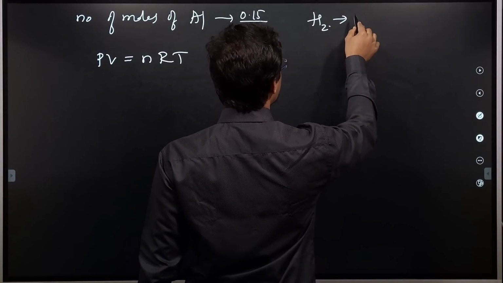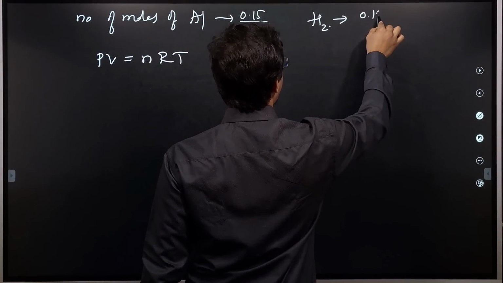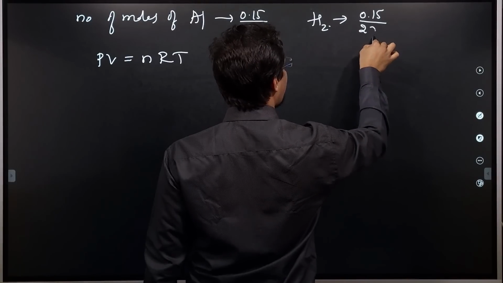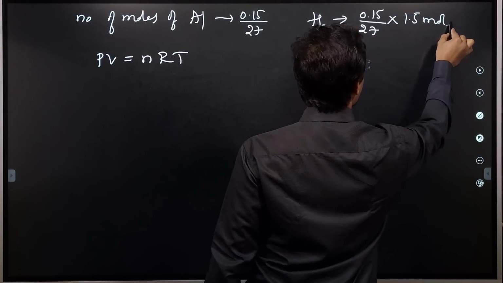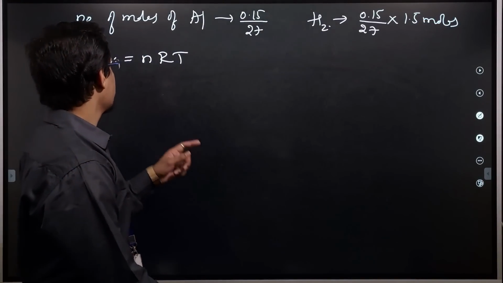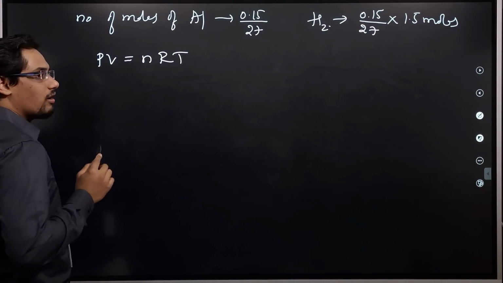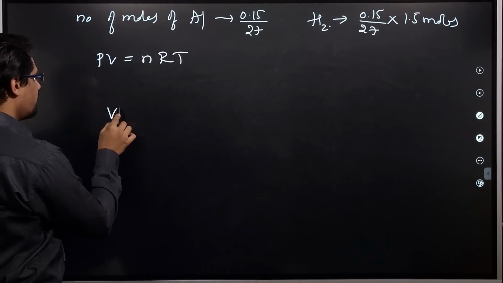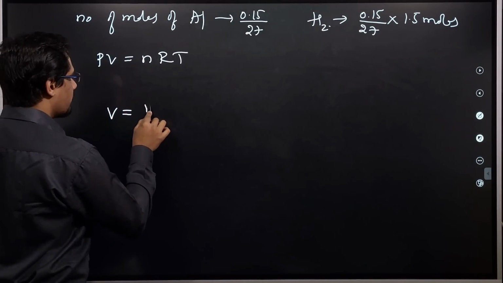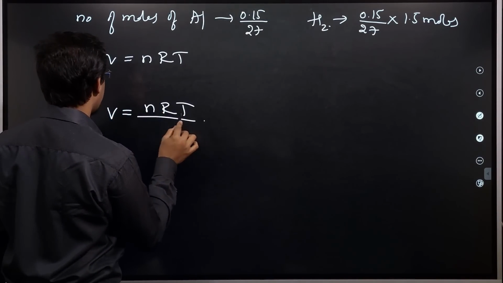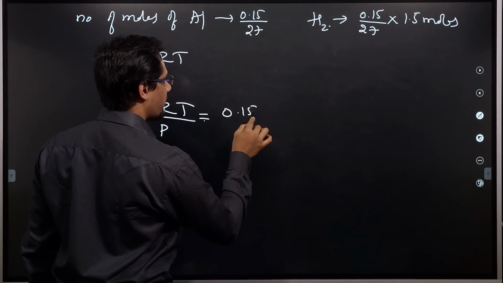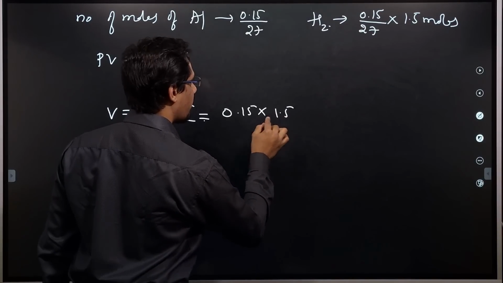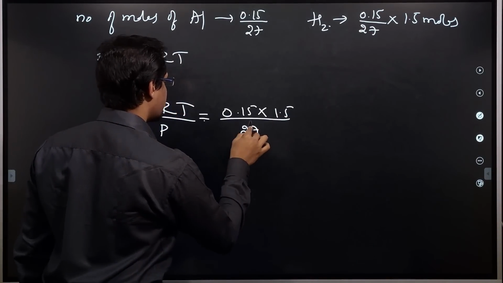So the number of moles of hydrogen is equal to 0.15 divided by 27 into 1.5 moles. Correct? So PV is equal to nRT, and they have asked volume. V is equal to nRT by P.